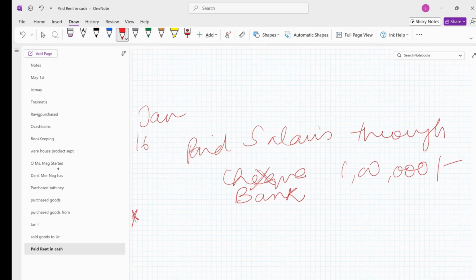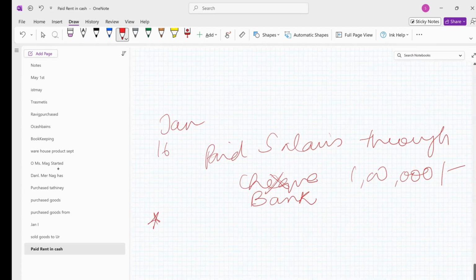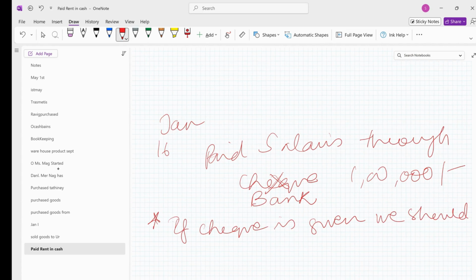So the first important point is, if check is given, we should write it as bank.